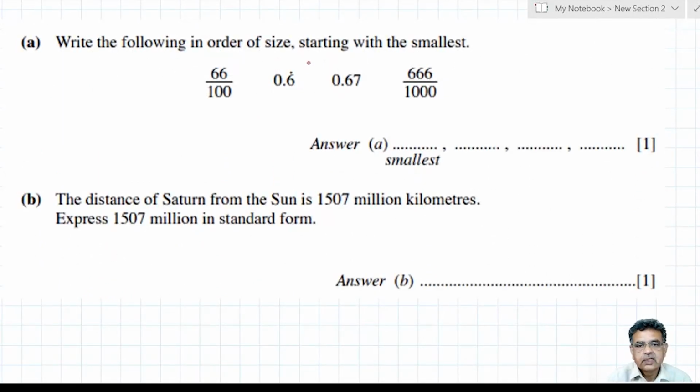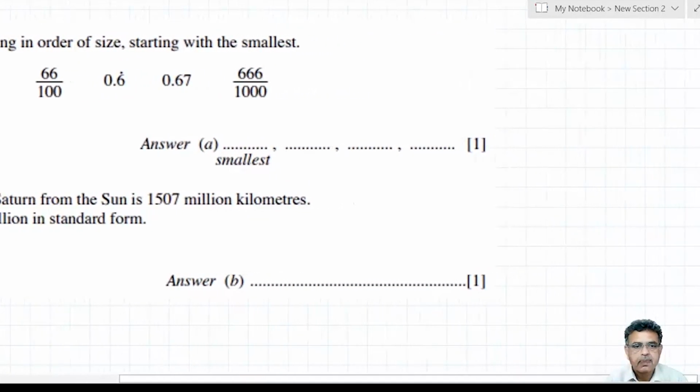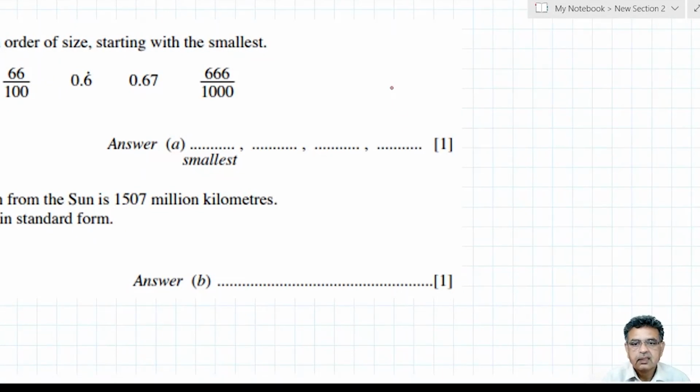Here, write the following in order of size, starting from the smallest. If we write them, this is 66 over 100, or we can say 660 over 1000. 0.6 means 6 over 10, 600 over 1000.